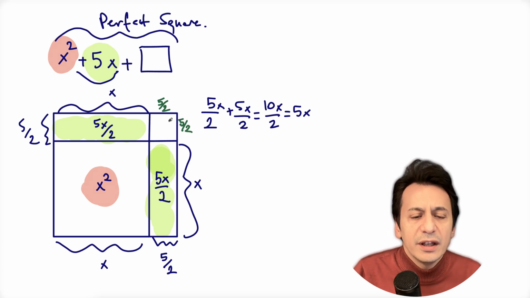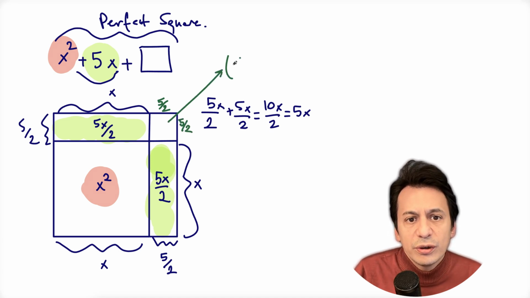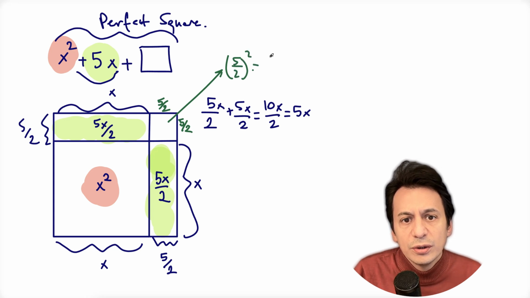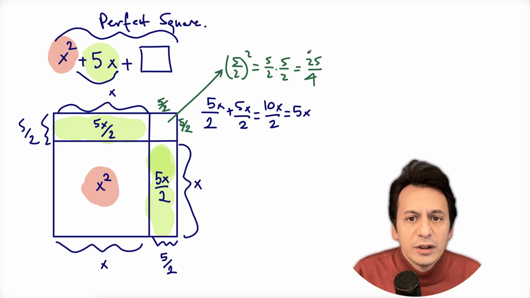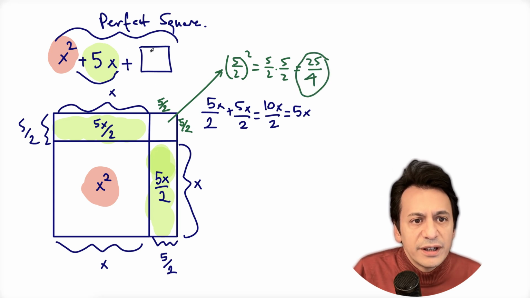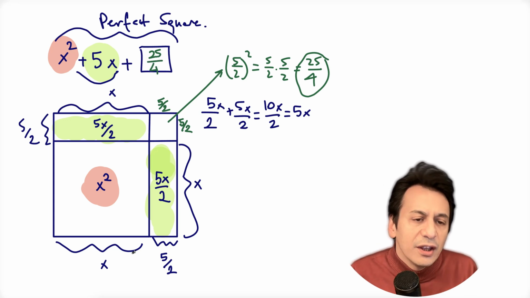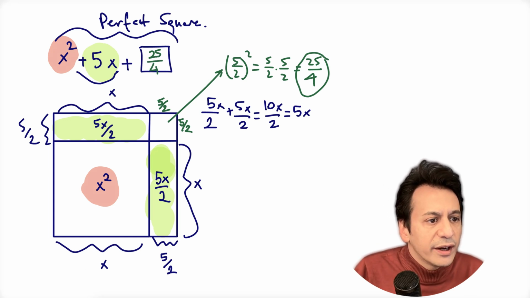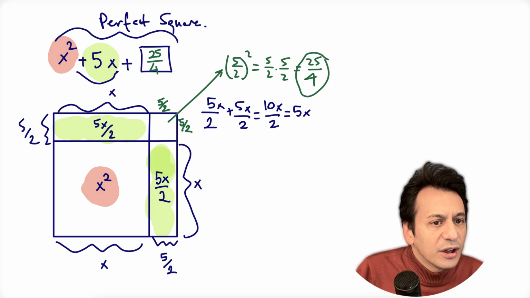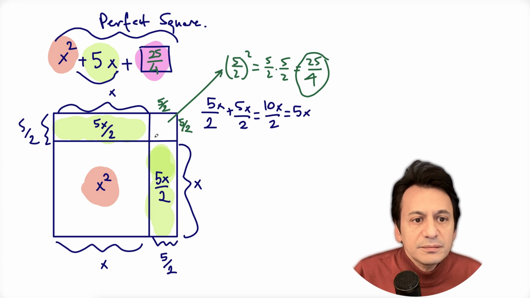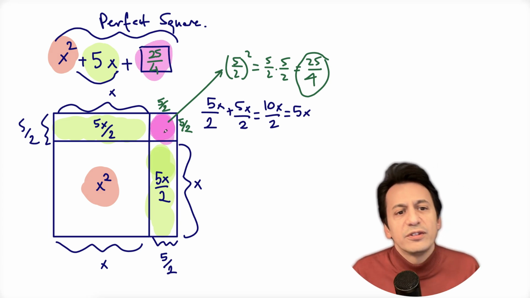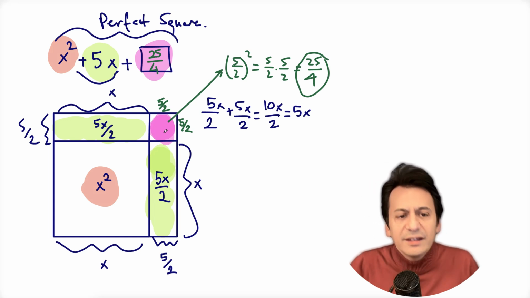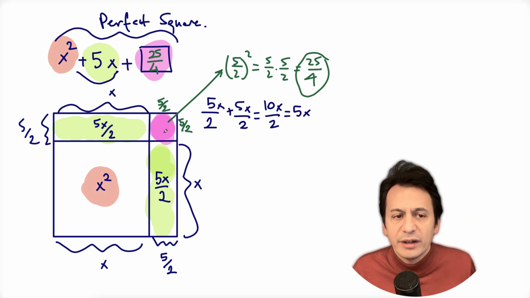The area is going to be the square of 5 over 2, and that is 25 over 4. So I know what I'm going to put here now, 25 over 4. As you can see, we can complete to a square. Let's pick a different color for this. Okay, now this is this part. When I add it, I have my perfect square. Great.